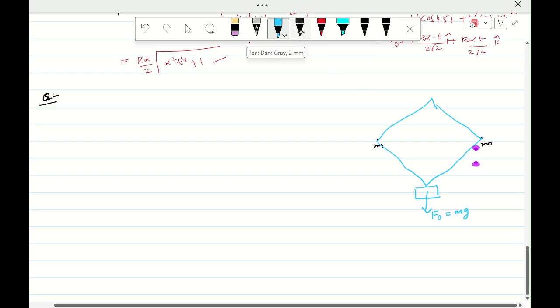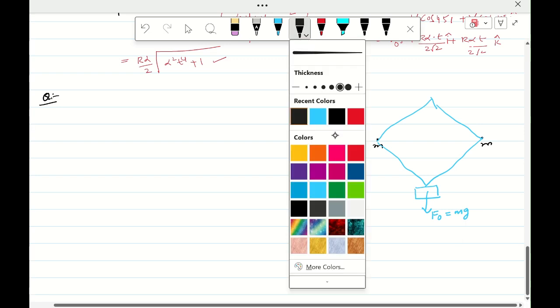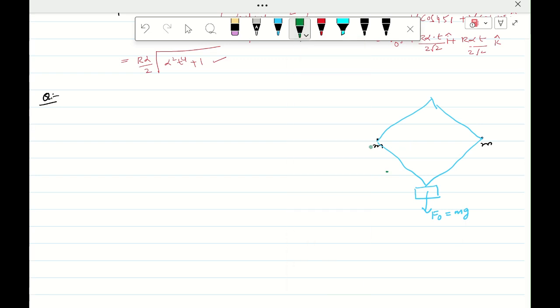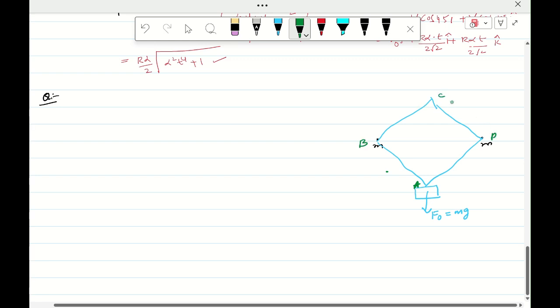So let's take some points here. This is A, B, C, D. And the C is fixed. And now C is rotating about this axis. That means these two masses are rotating about this axis with constant angular velocity.